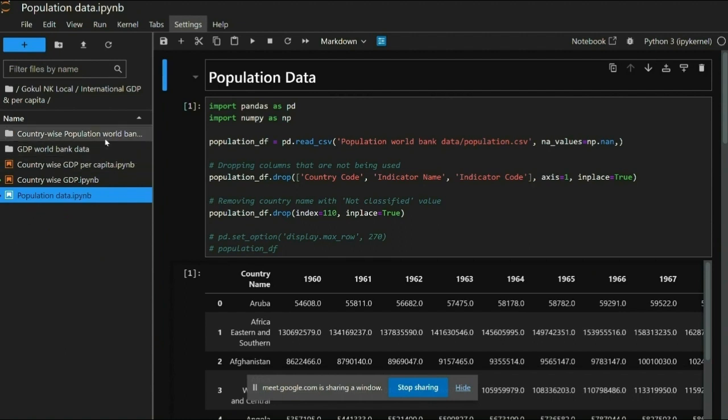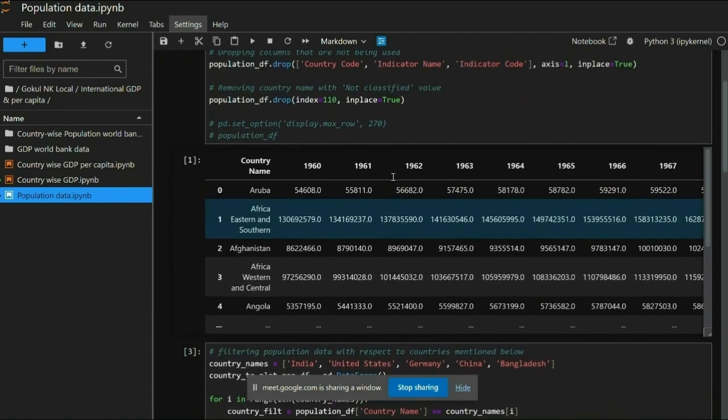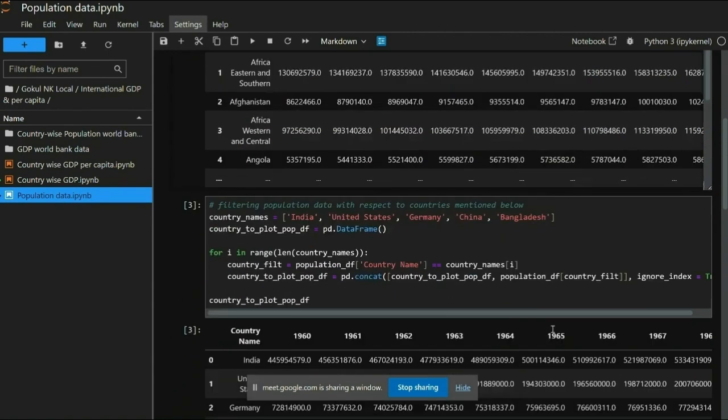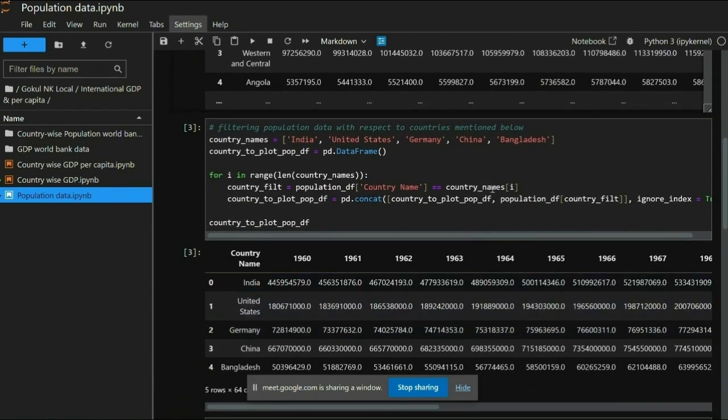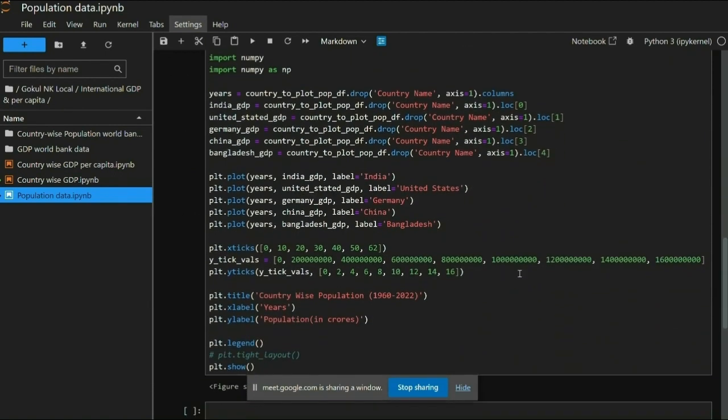For population data, we downloaded a source from the World Bank data and loaded it into a pandas data frame. Here we are filtering for the same countries, just so we could find the GDP per capita later.